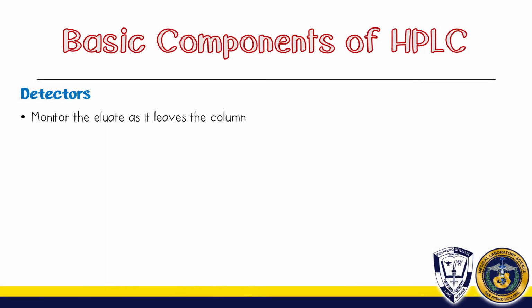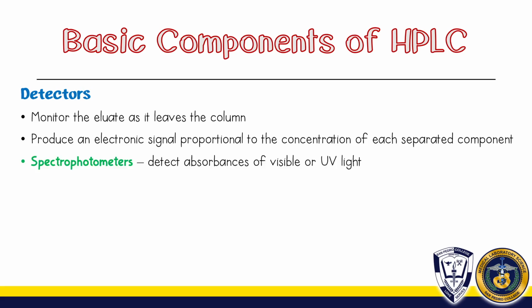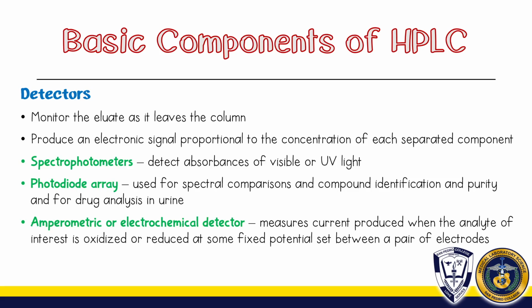Next is your detectors. Of course, you always need the detector. It monitors the eluate as it leaves the column. It produces an electronic signal proportional to the concentration of each separated component. Now, as to the detectors, it can be either of the three. Spectro, which can detect absorbances of visible or UV light.